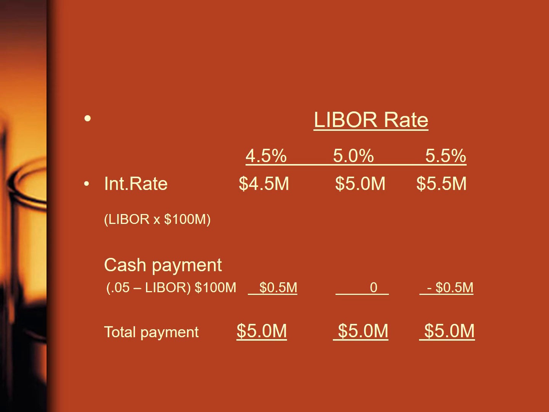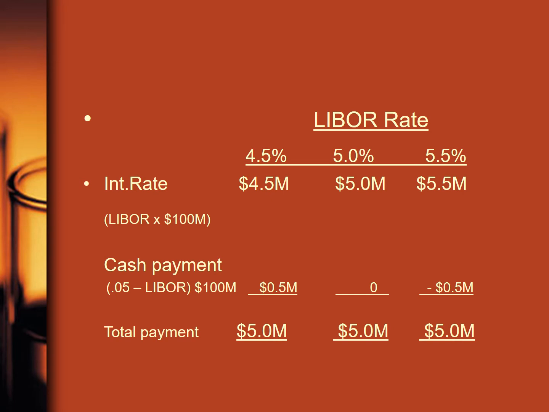That is the LIBOR rate times $100 million. And then down below, you got the cash payments. In the first column, it is $0.5 million. In the second column, it is 0. And in the third column, it is minus $0.5 million.